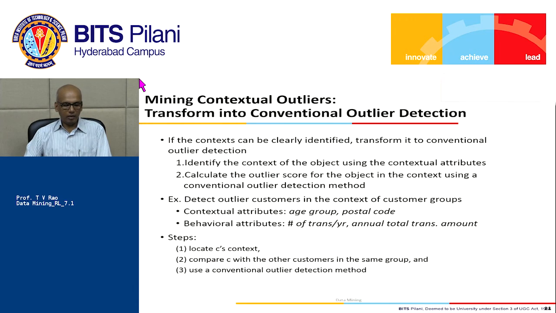Then we compare the other data objects with similar contextual attributes, and there we can apply a conventional outlier detection method. That is, we have already separated out the data objects based on the contextual attributes. You can see here an example of what you can possibly do.